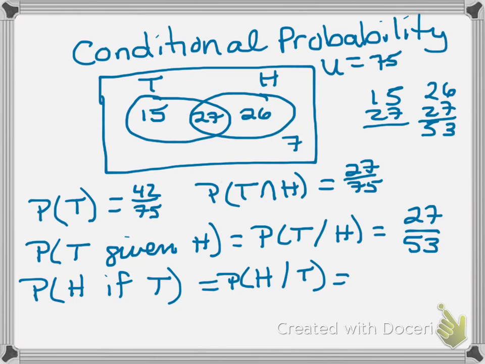Okay, so how many total people played tennis? All right, so what did we get from there? We get 42. And of those 42 people, how many people play hockey? 27. Okay, we're not looking at the population, we're looking at a subset.